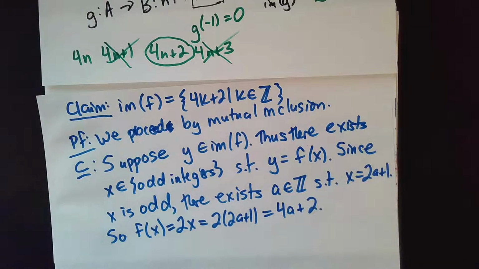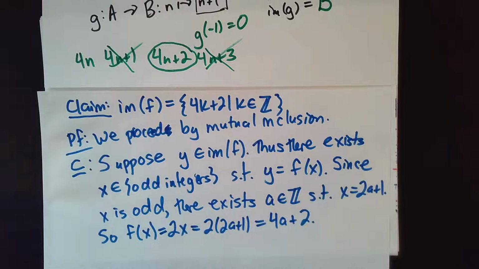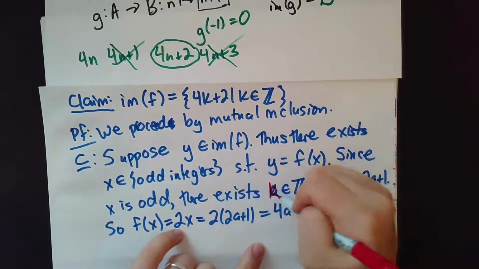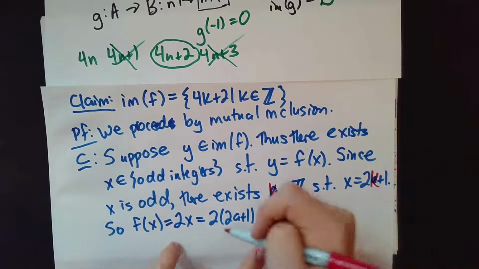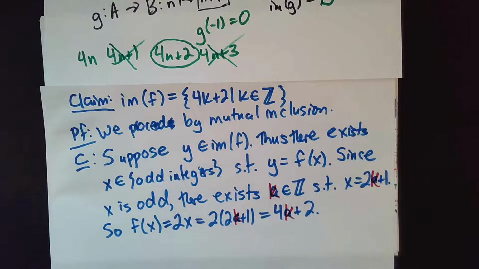And this is where I discover that the thing I wanted to show was that this looked like 4k plus 2, and I showed that it's 4a plus 2. And so then I can go back in my LaTeX file and say, okay, this a, I actually wanted it to be k. I probably would not have guessed going forward that that was going to be the thing I needed, but there we go.